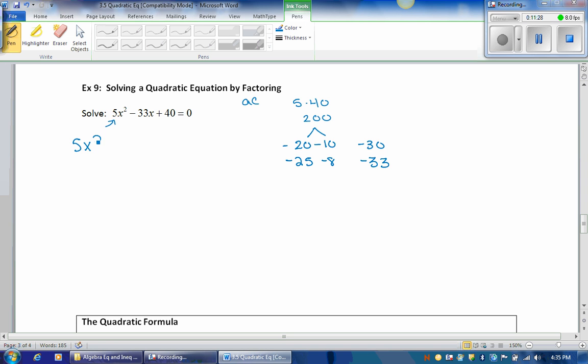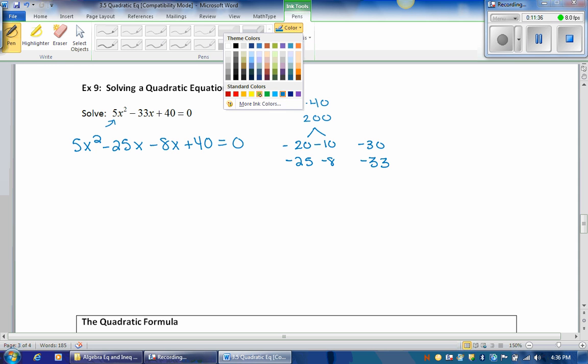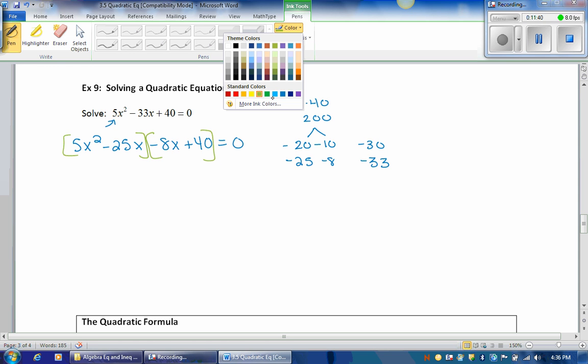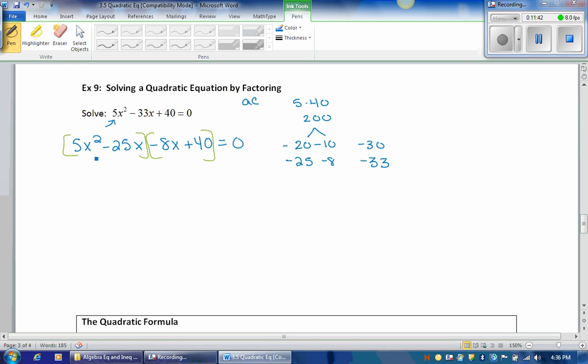We're going to keep our 5x squared minus 25x minus 8x plus 40 equals 0. First half, second half. GCF in the first half is 5x, which is going to give us x minus 5. GCF in the second half, remember, it has to be x minus 5, so I'm going to take out a negative 8.